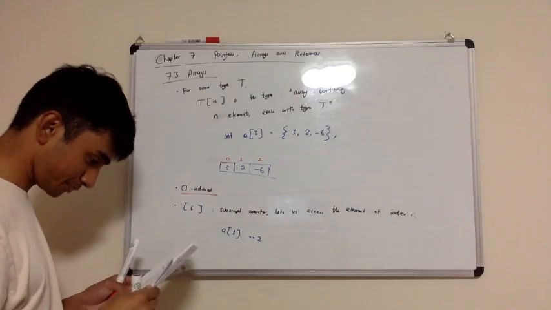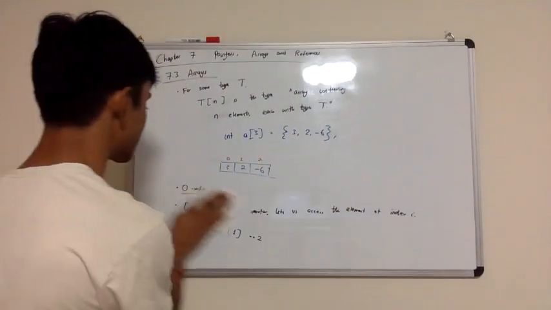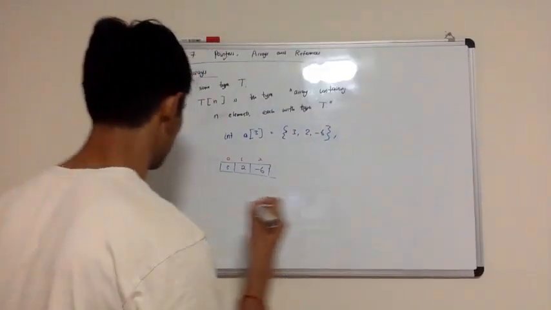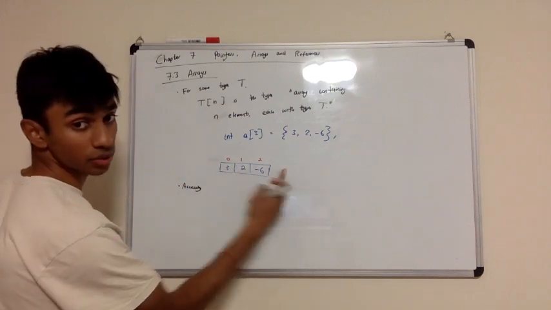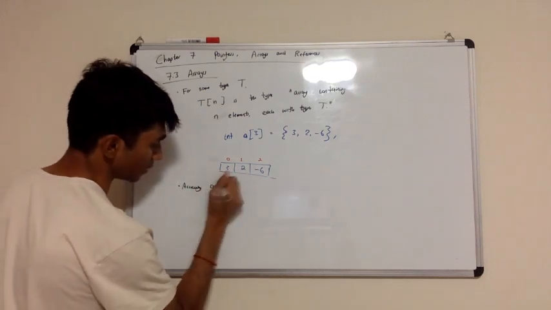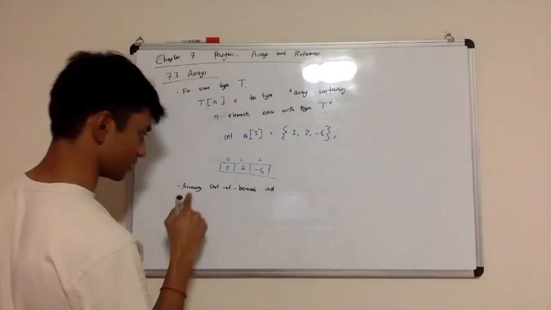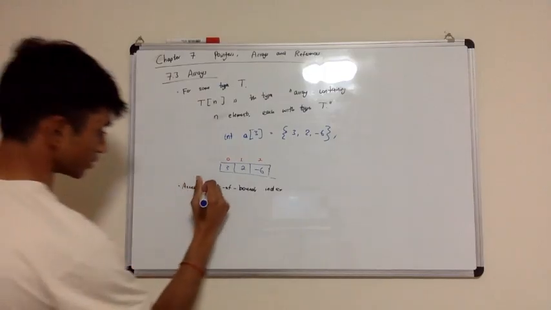Now imagine we try to access an index that is not valid, for example 3, or -1. We call this accessing an out of bounds index. This is undefined behavior.